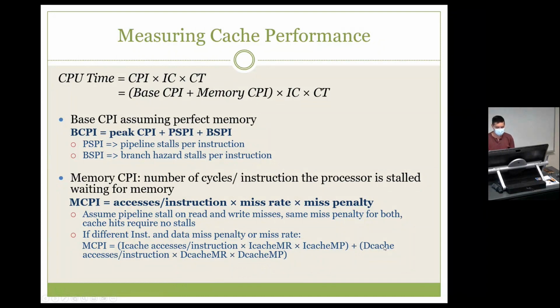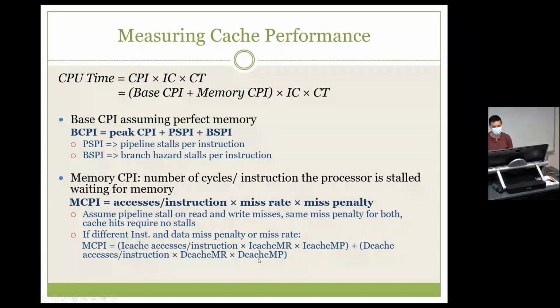Okay. So data cache, this is not exactly one, right? So data cache accesses per instruction. This is the portion of load words and store words in your instruction mix. So this would have to be given to you. Data cache miss rates will be given.